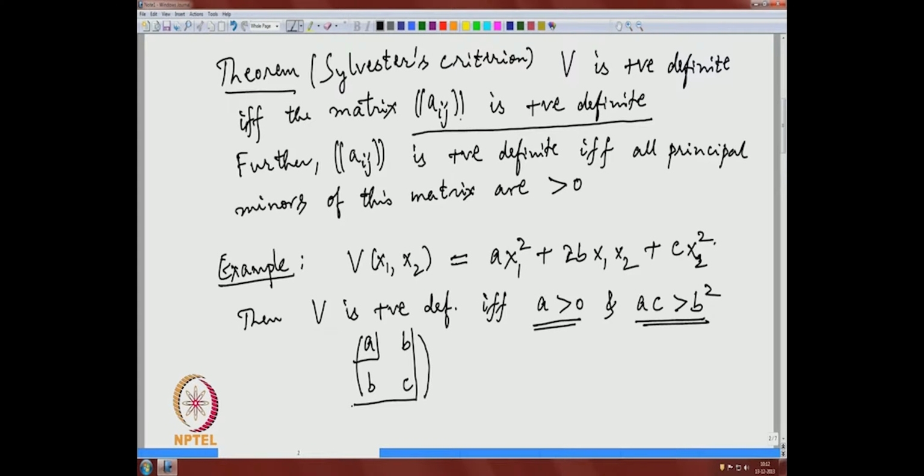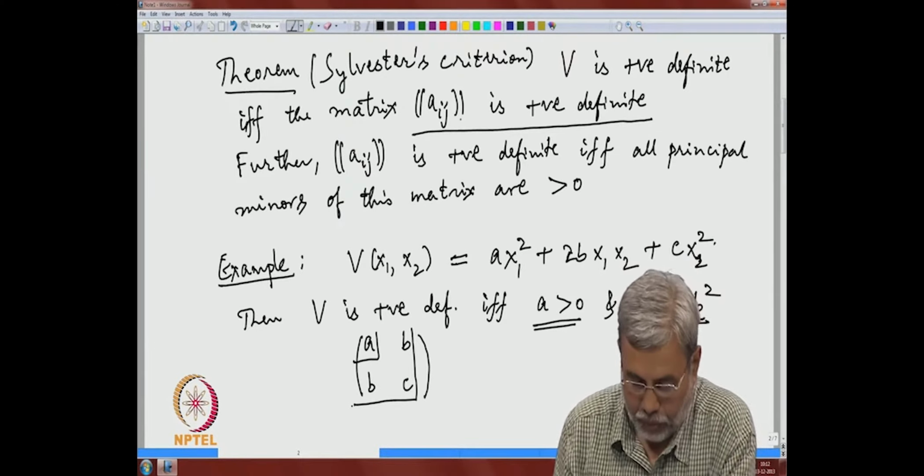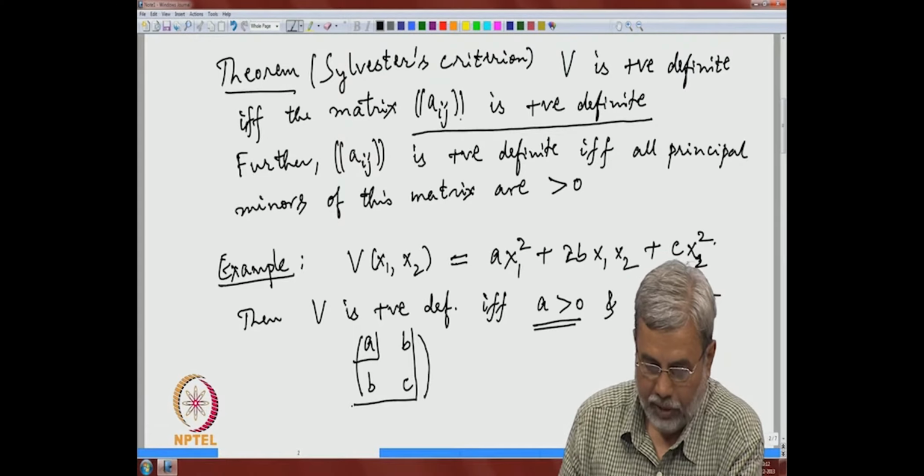Okay. So, in practice what one does is choose such a positive quadratic function.